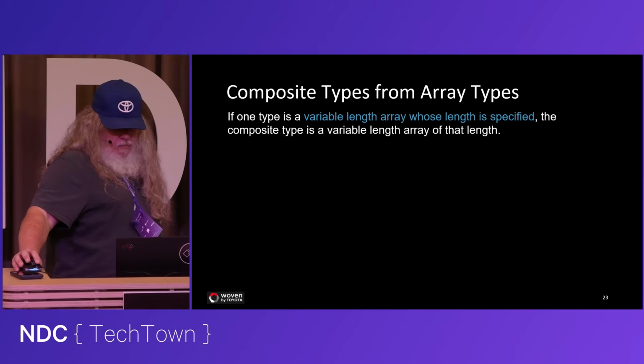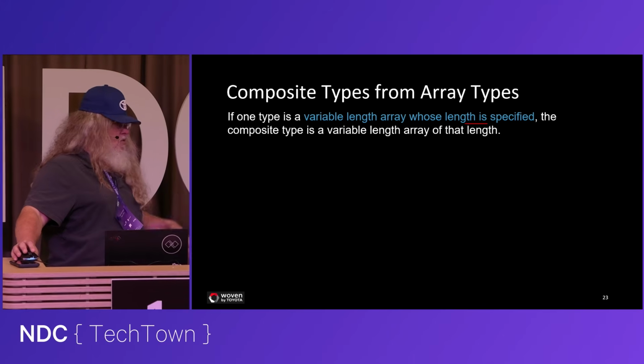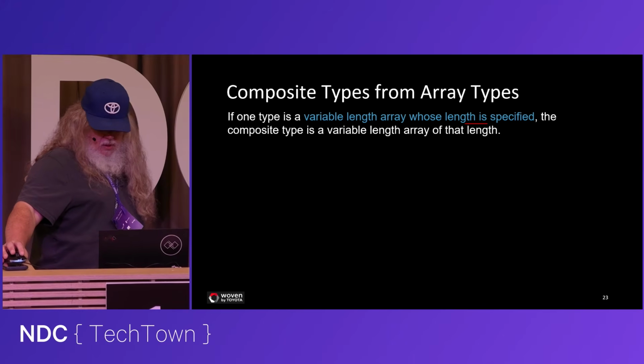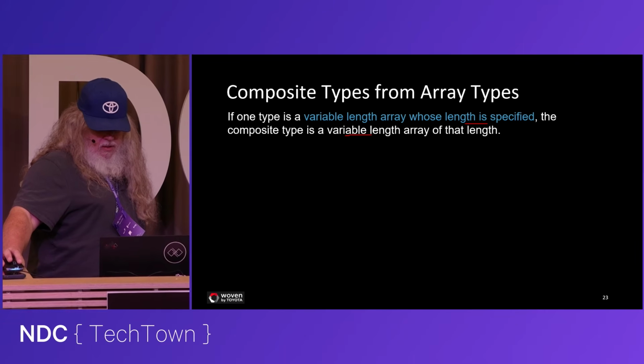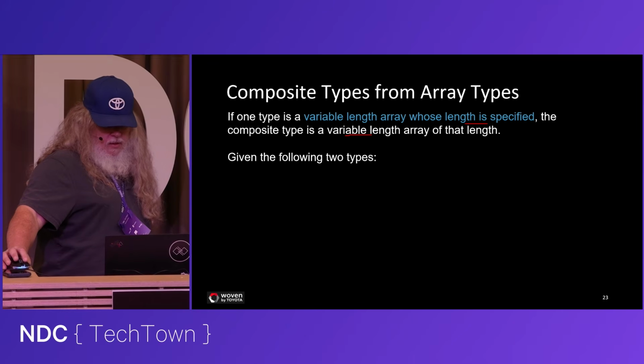So if we have one type which is a variable length array with a specified size, so the size is given as n or something like this, some runtime evaluated value, the composite type is going to be the length of that array.